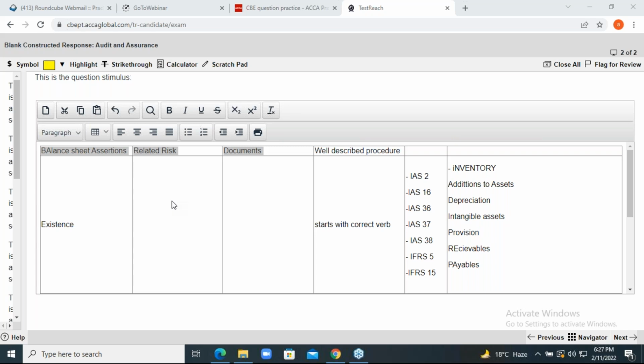All these heads you are going to write written representation, and also the heads where there is an estimate like provision. Written representation alone is not sufficient to provide evidence, but writing the test of control as part of substantive procedures gets you marks.